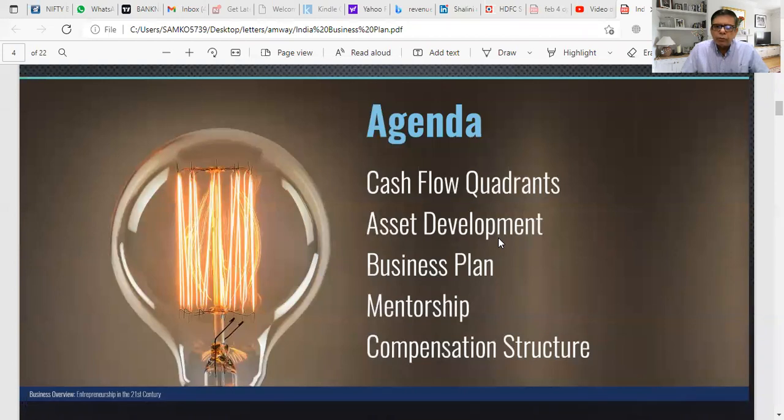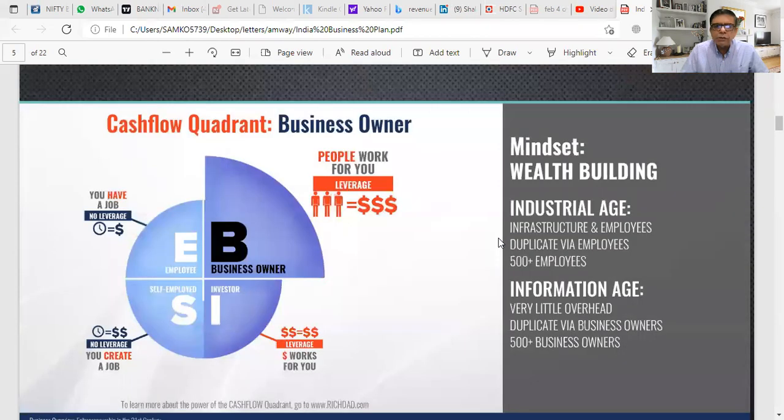Now, I'm going through something called cash flow quadrant and asset development. These are the two major things I will talk to you about, which apply to our business. Robert Kiyosaki wrote a book called Cash Flow Quadrant, in which he divided the world into four different quadrants.